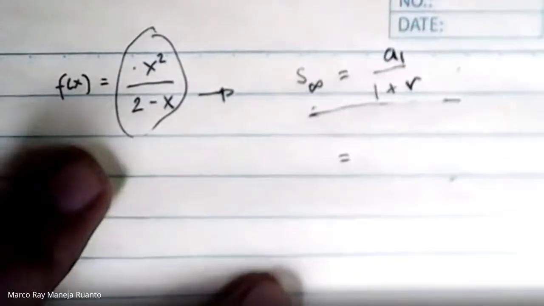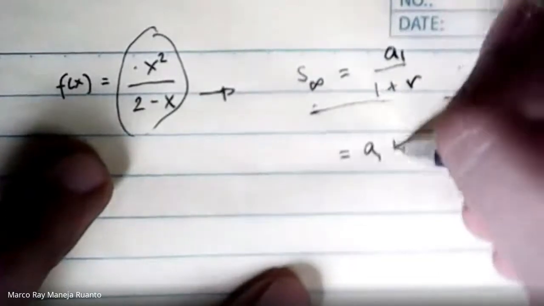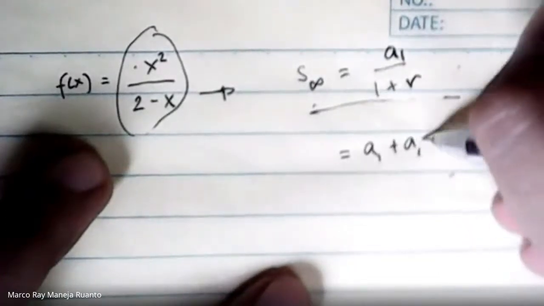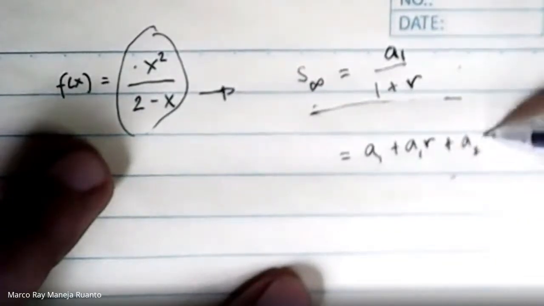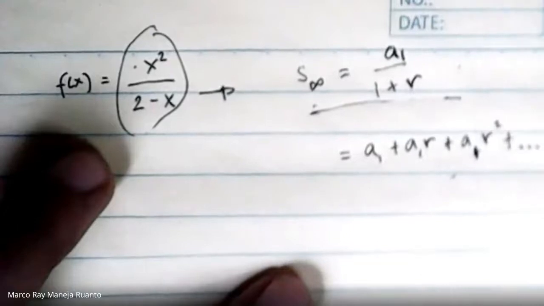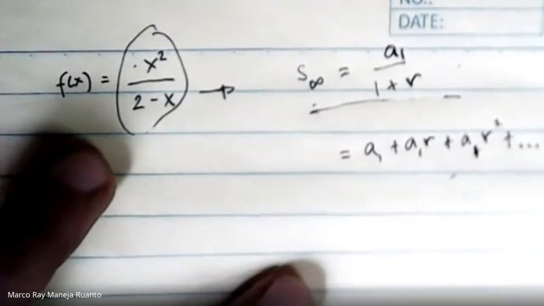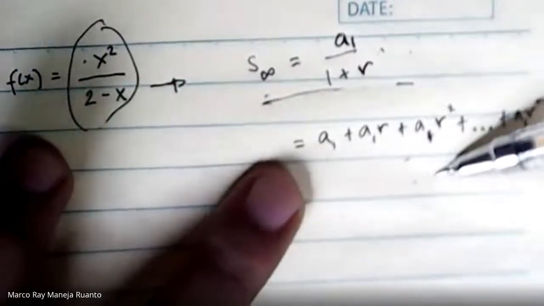And from this expression, we express it as a sub 1 plus a sub 1 r plus a sub 1 r squared plus so on, plus a sub 1 r to the n. From this form, that becomes our power series.